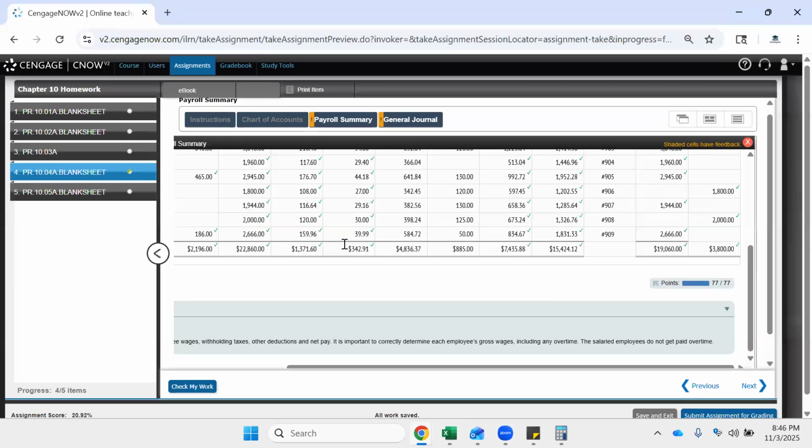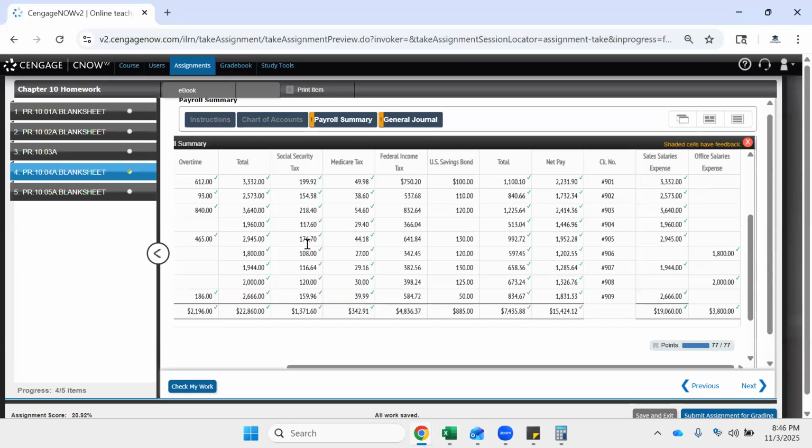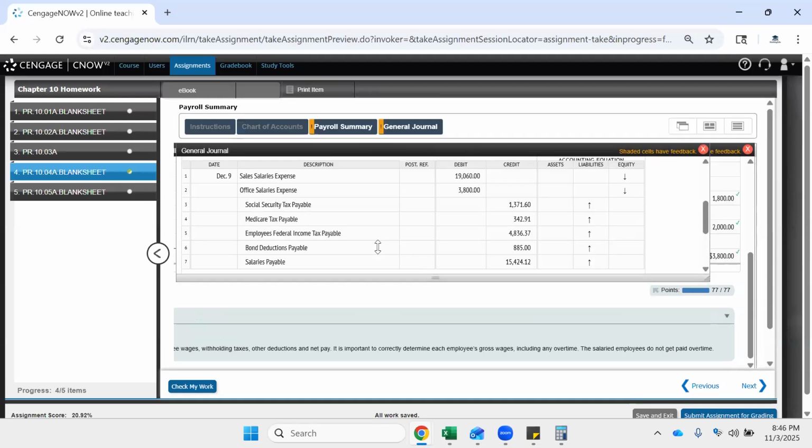And Medicare tax payable. And there we go.